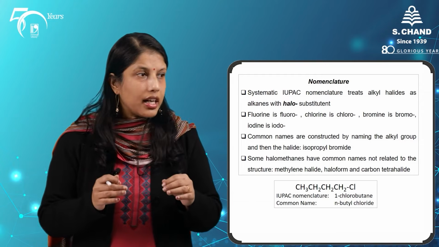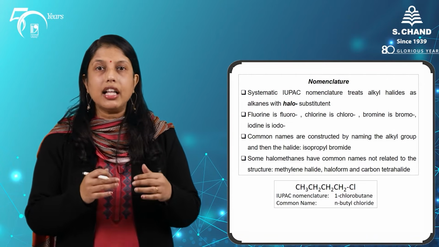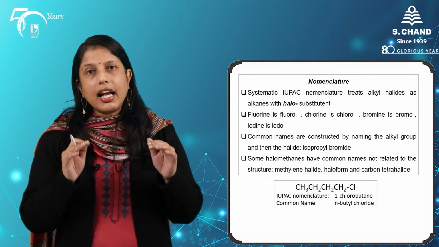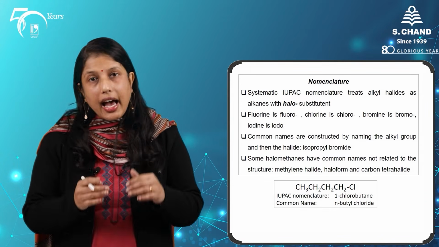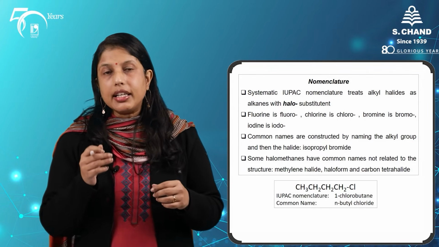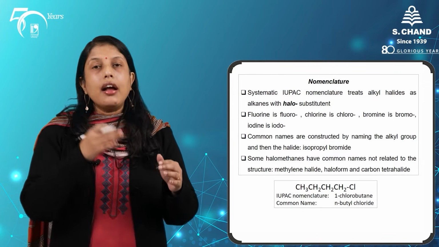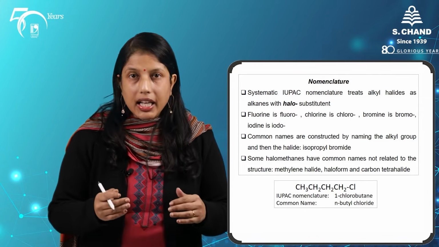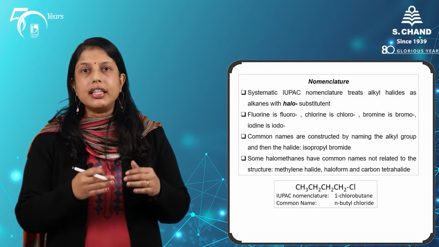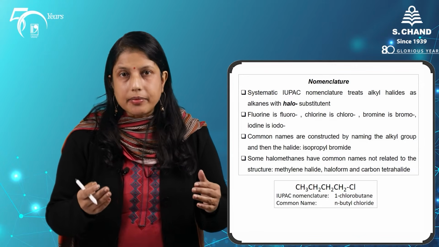And as a result, we come up with a systematic naming of the haloalkane. Certain alkyl halides have a common or a trivial name, where the name of the alkyl group comes before, followed by the name of the halide. For example, ethyl bromide or propyl chloride.